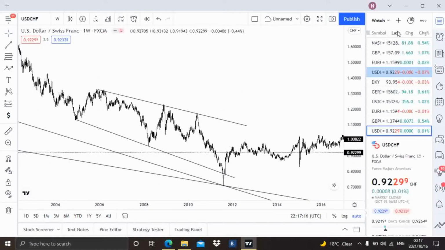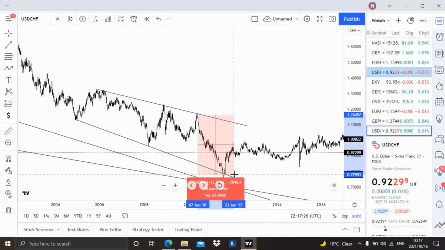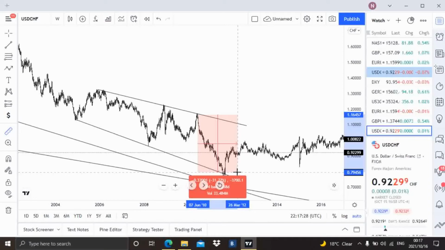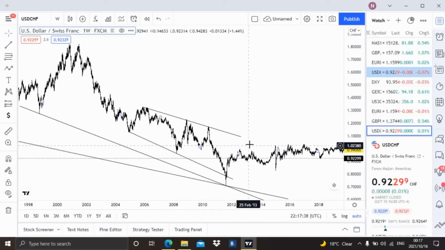So if you were to catch this sell here, you would be profiting around 3,700 pips plus or minus. And yeah, it's that easy. But this is on the weekly chart.